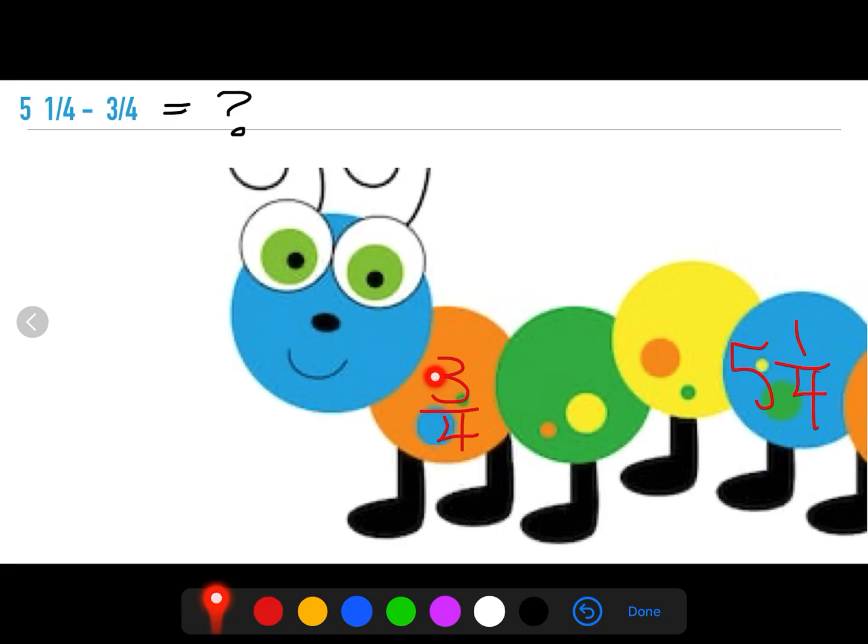Now we have to count up to the closest whole number. So if I count up from 3/4 to the closest whole number, what should we have right here? Absolutely. 1 whole. Now, how did you get from 3/4 to 1 whole? What did you add to 3/4 in order to get to 1 whole?